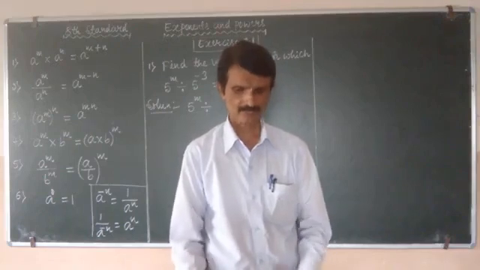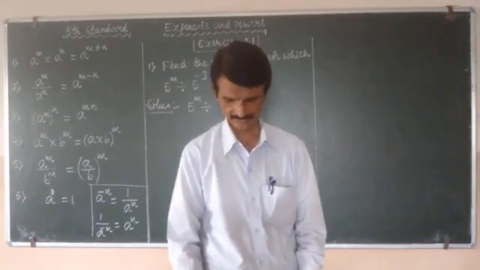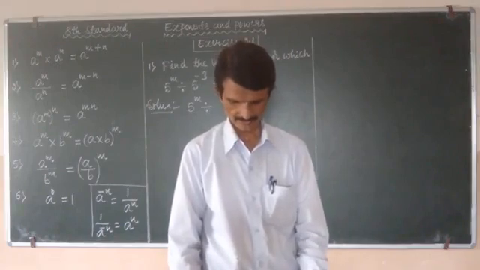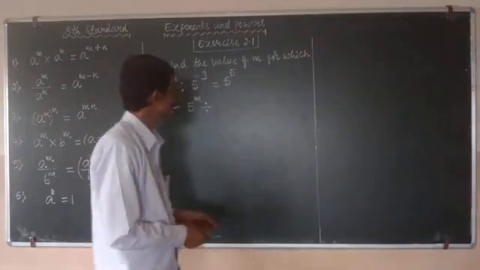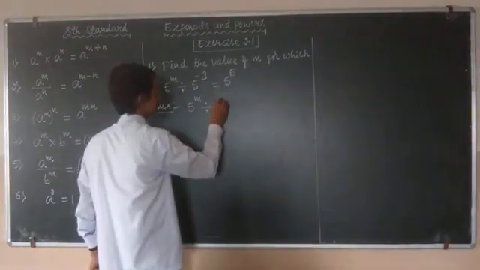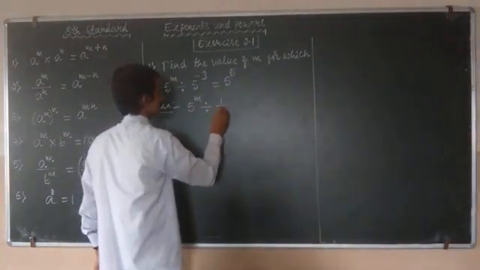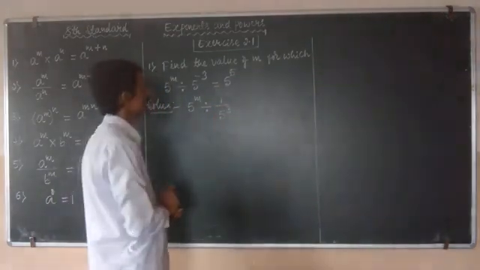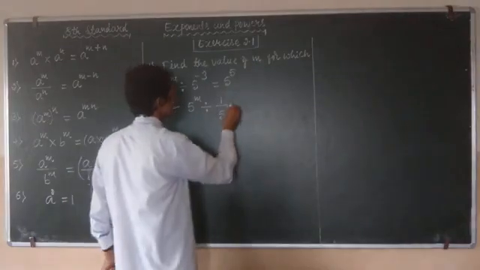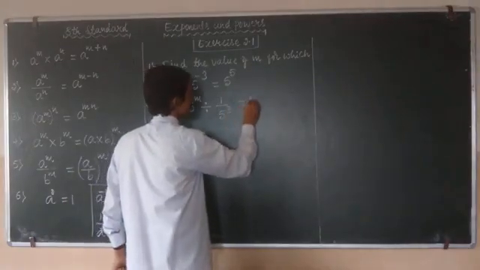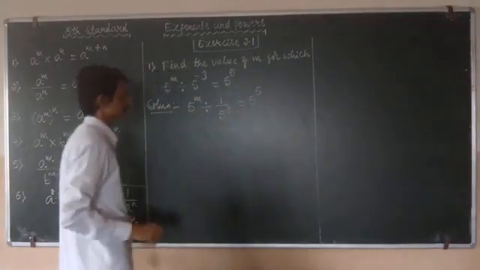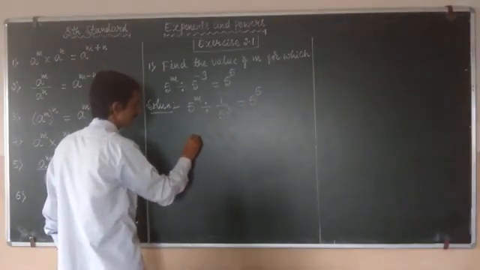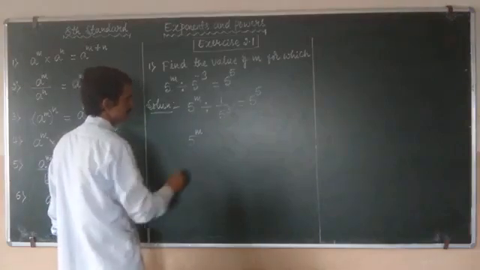Can you recall that formula? So that can be written as 1 by 5 cube, equals 5 to the power of 5. Now write the numerator as it is, 5 to the power of m.